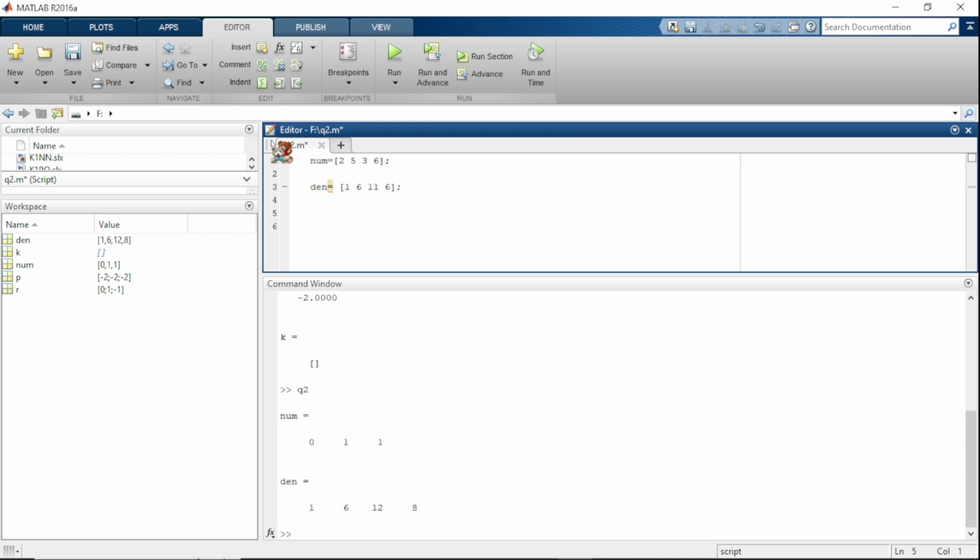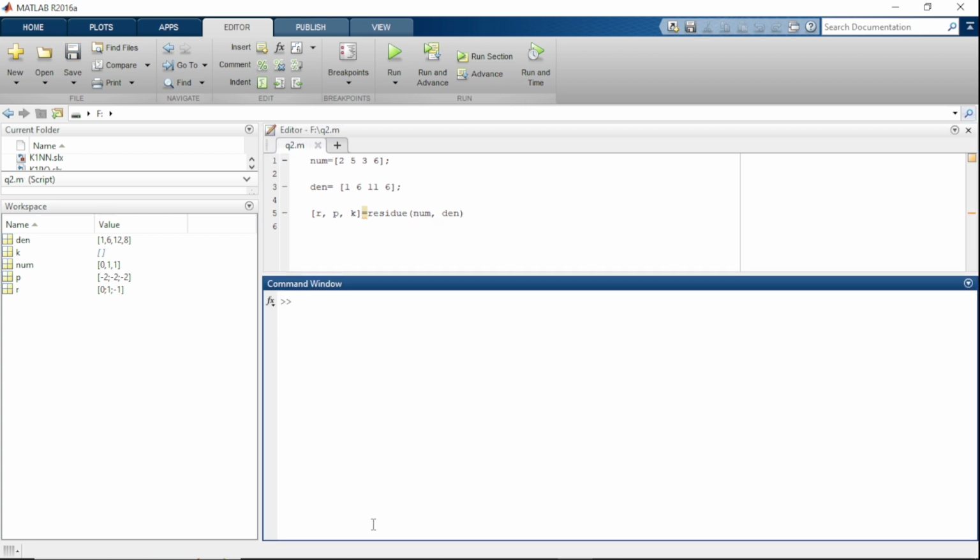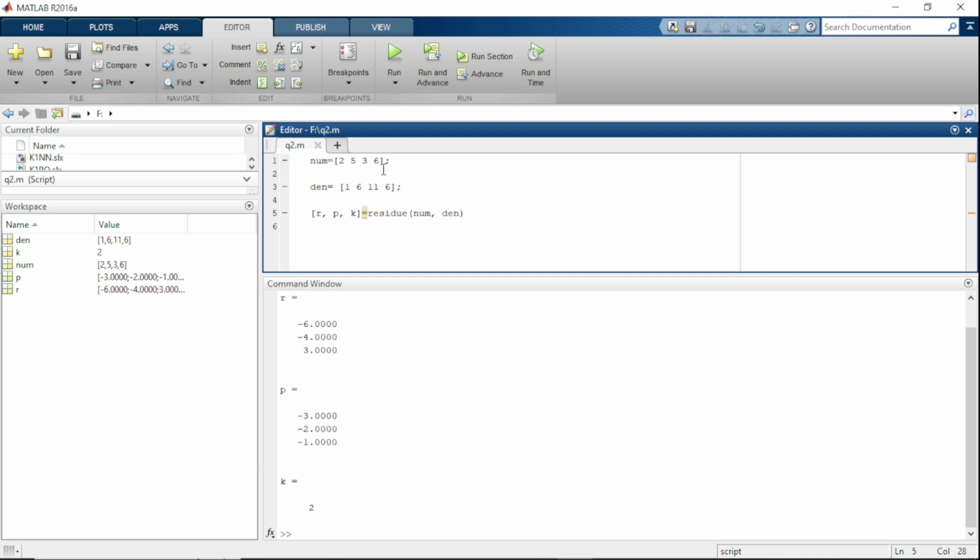Then write the command, that is [r, p, k] equal to residue(num, den). Okay, just run this program. So here you can see r is -6, -4, 3 and p is -3, -2, -1 and the value of k is 2.